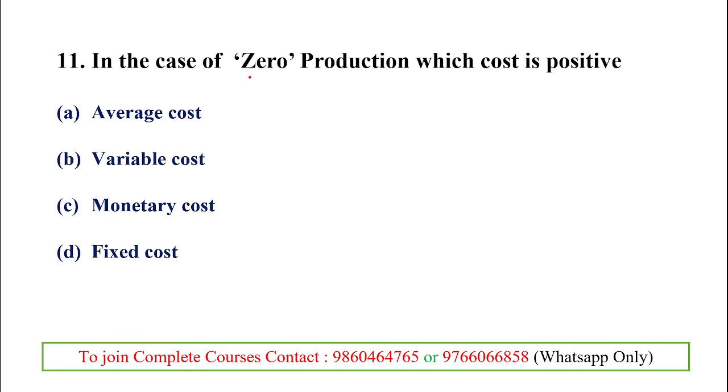And next question: in case of zero production, which cost is positive? The production unit is not producing any output, and the cost that is positive is the fixed cost.